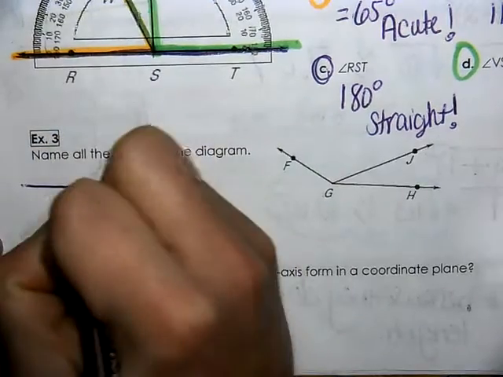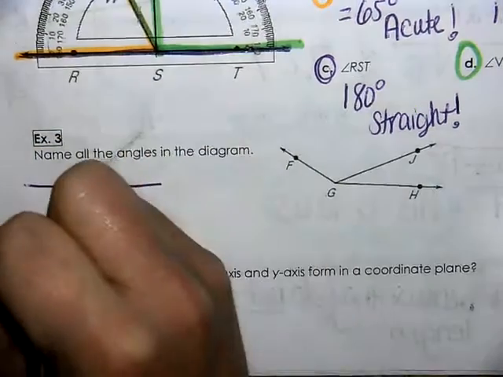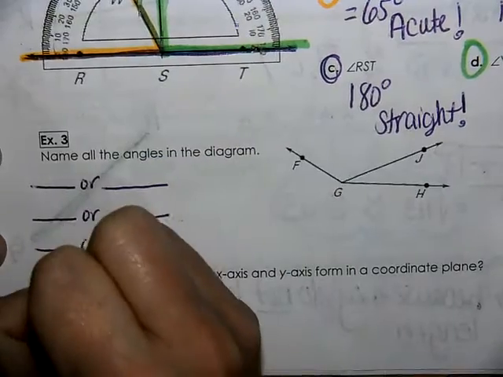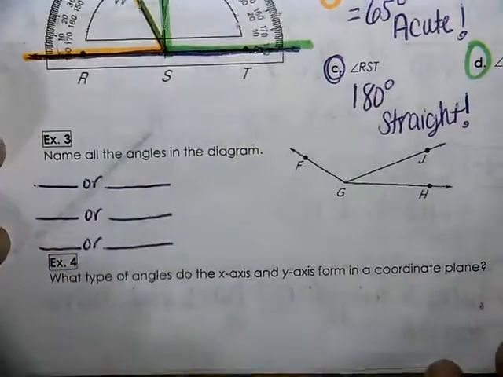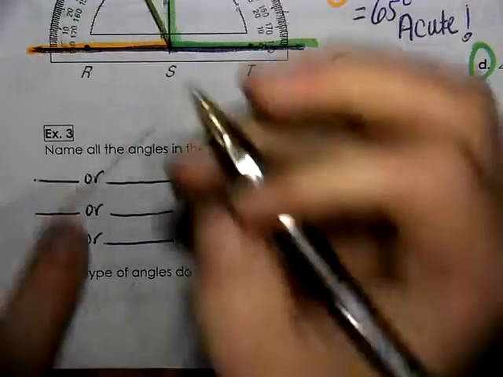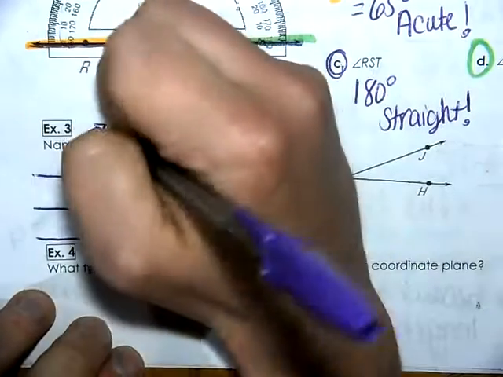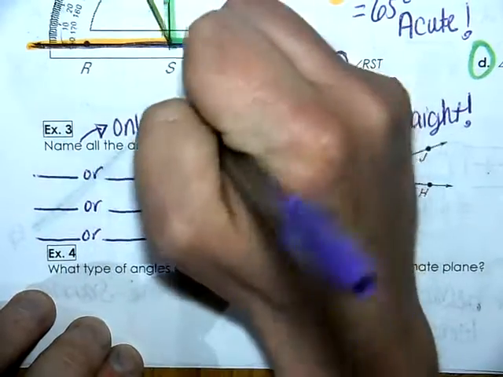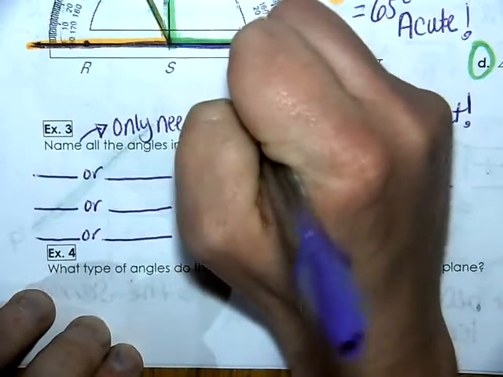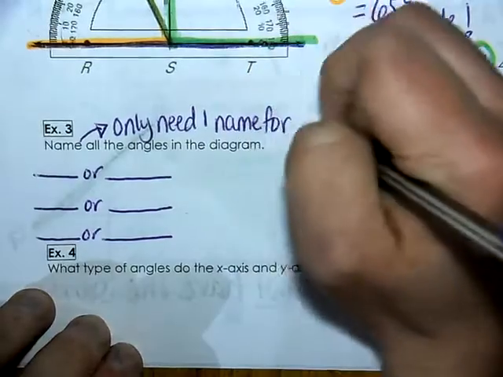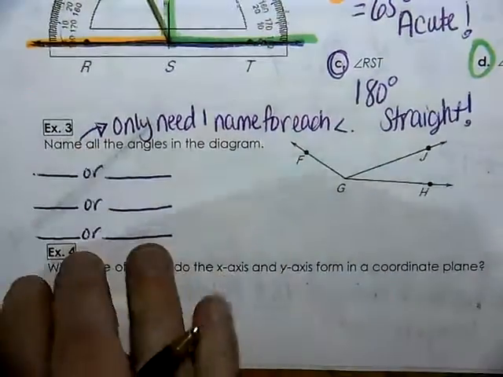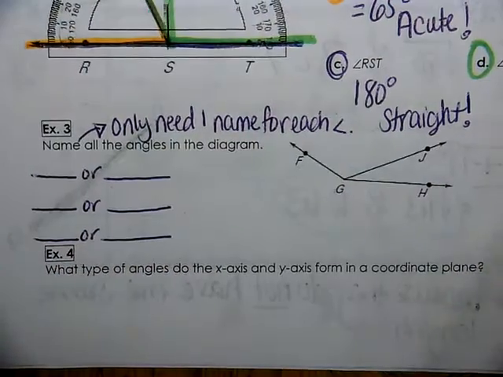So I'm going to write a line and the word or, and another line, the word or, and another line. Now, when it comes to naming all of the angles, you only have to give one name for each angle.